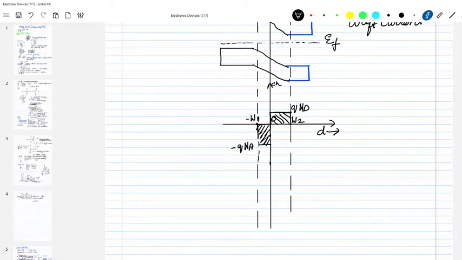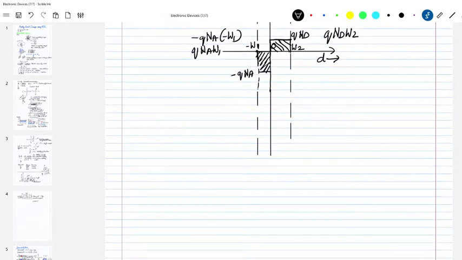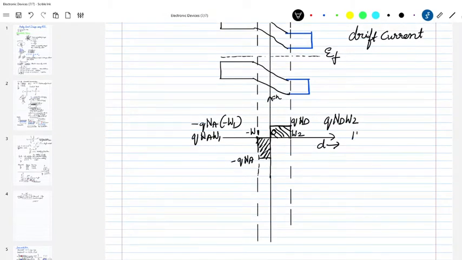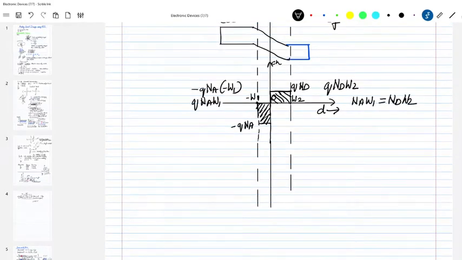So now if this side is positively charged, the total charge is qNdW2, and here it is going to be minus qNa into minus W1, so that is going to be qNaW1. Now these charges have to balance because the junction is electrically neutral, so you have a relation NaW1 is equal to NdW2. So that relation comes in.